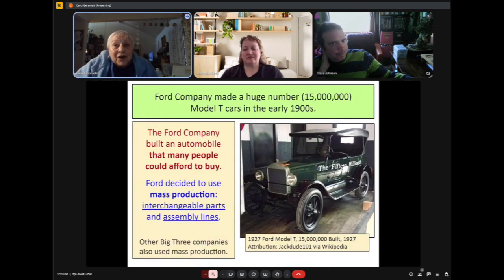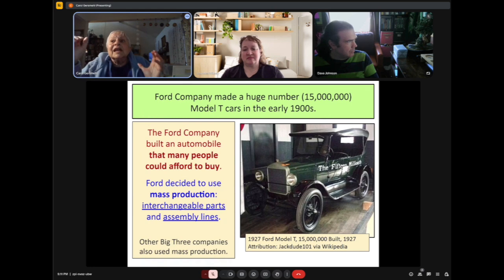Mr. Ford was so good at using interchangeable parts and assembly lines that between 1908 and 1927, his factories produced 15 million Model Ts. There was a point, I think in 1918, where half of all cars being driven in the United States were Model Ts.